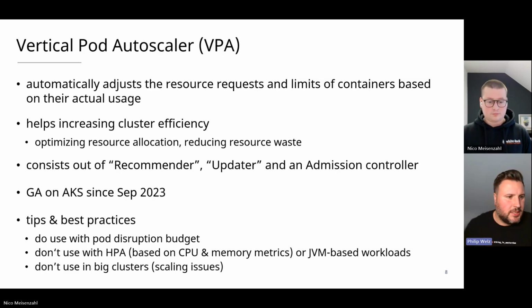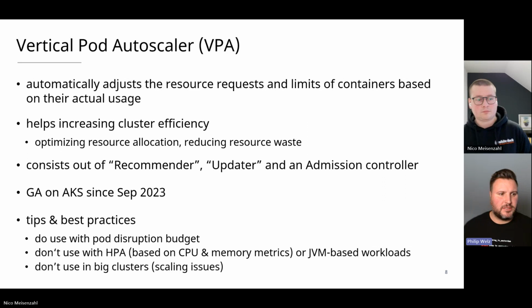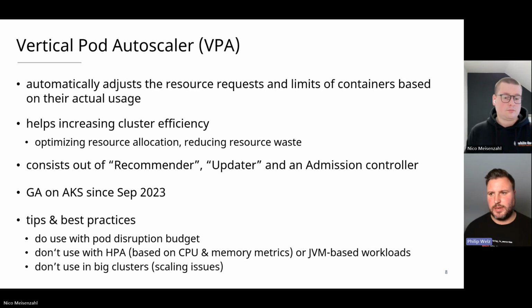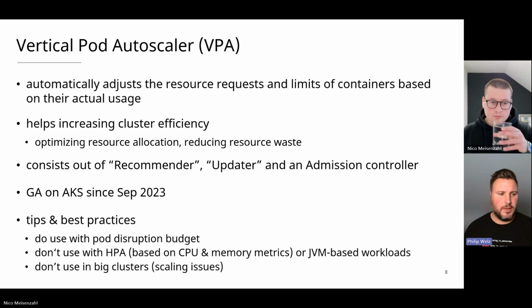And the difference is that the VPA automatically adjusts the resource requests and limits of containers based on the actual usage. So what is the benefit of this is that we can use our cluster and the VPA will adjust the CPU memory request used for the workload to their real needs.